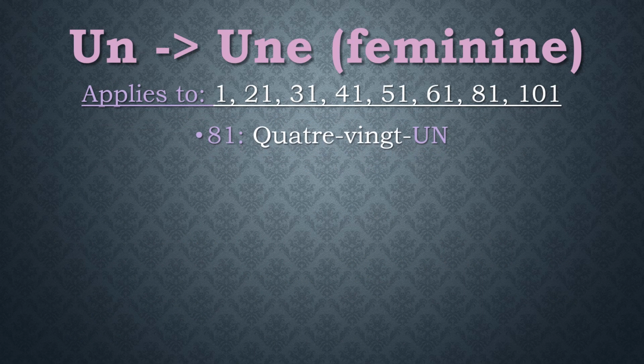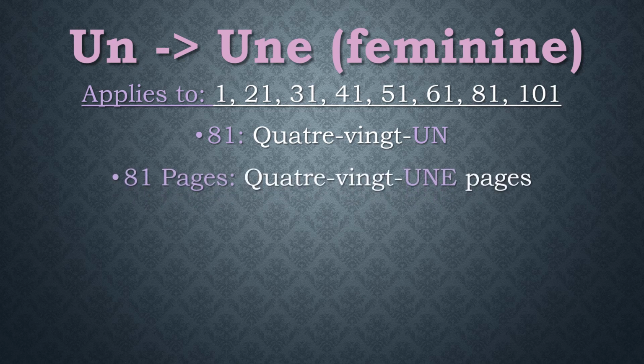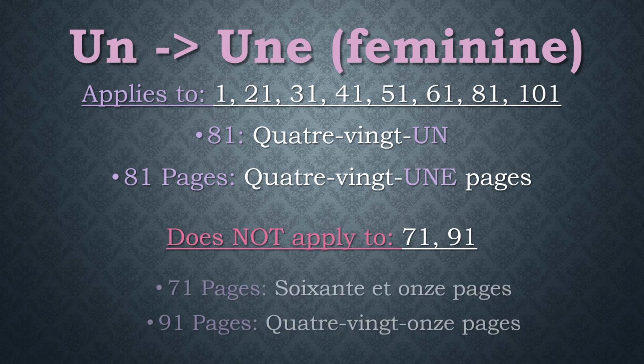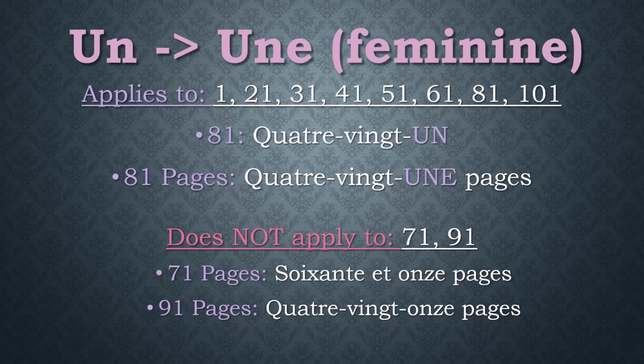If we want to say 81 pages, it becomes quatre-vingt-une pages, because the word page is feminine. So un becomes une. This doesn't apply to 71 or 91 because they don't end in the word un. They end in onze, 11. Recall that 71 is soixante et onze and 91 is quatre-vingt-onze. So 71 pages stays the same, soixante et onze pages.